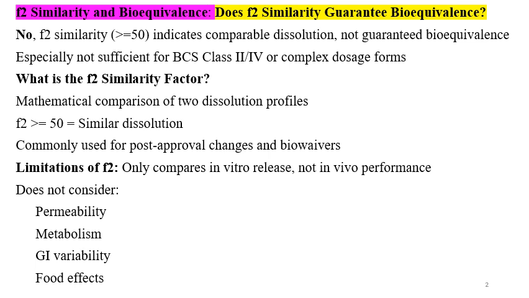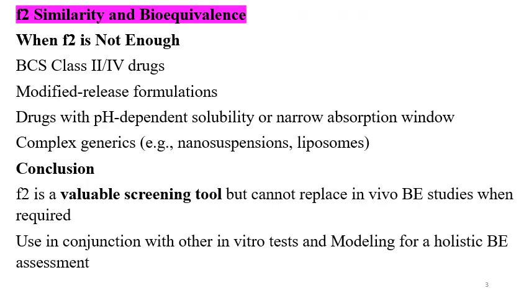In vitro and in vivo correlation may or may not be achieved by the dissolution. So there may be chances that the bioequivalence may pass or may fail. It does not consider the effect of permeability, metabolism, gut metabolism, instability, GI variability, and food effects, as the dissolution is an in vitro test. So when is F2 not enough?